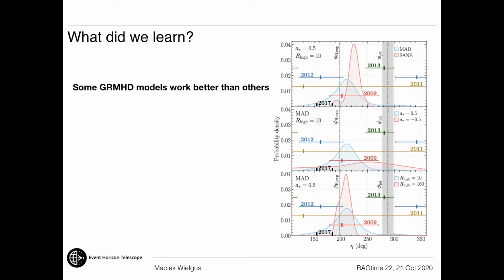And you can see that some of those histograms do not overlap with the measurements, meaning it's difficult to explain this sort of variation in the position angle of the brightness of the crescent with this particular GRMHD model. So it seems that once we have more observations, we will be able to start excluding different numerical models of the accretion based on how much variation they can predict.